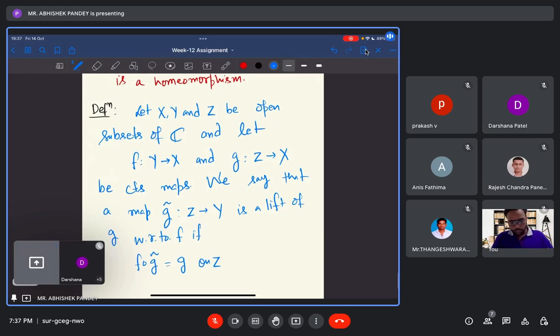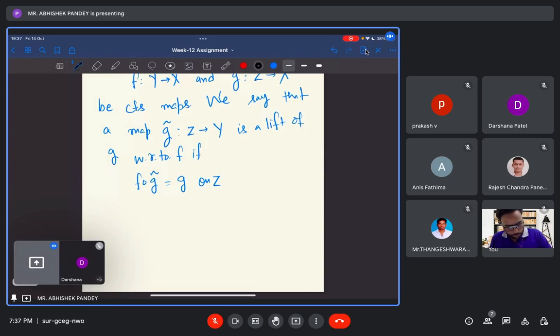So basically you have f, a function from Y to X, and g, a function from Z to X. You want a lift, which is a function from Z to Y, and this diagram is commutative.